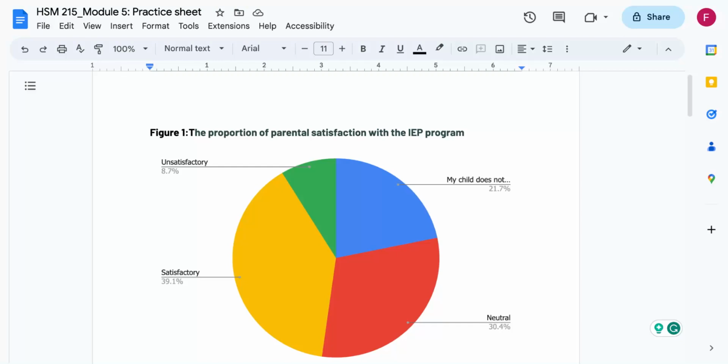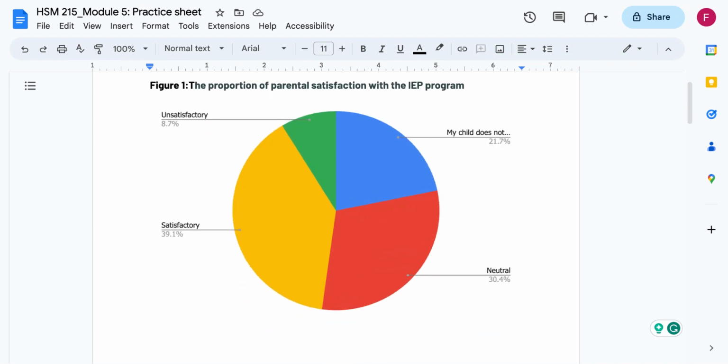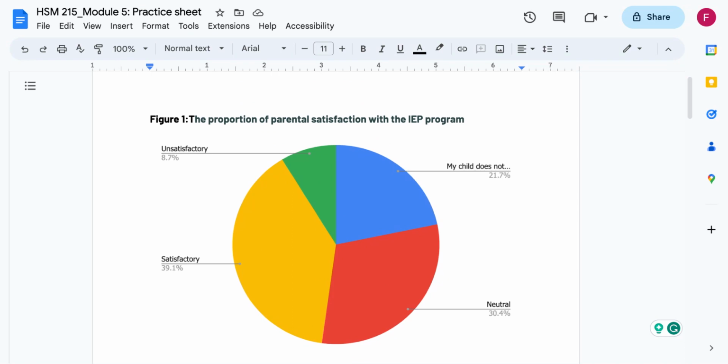All right, so now that we have inserted the charts and we have labeled it, let's go into result interpretation. When it comes to result interpretation, you want to stick to providing information that one can see from the graph.